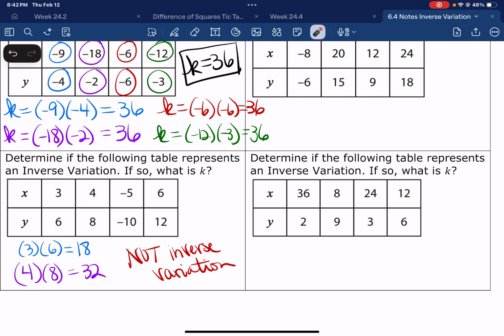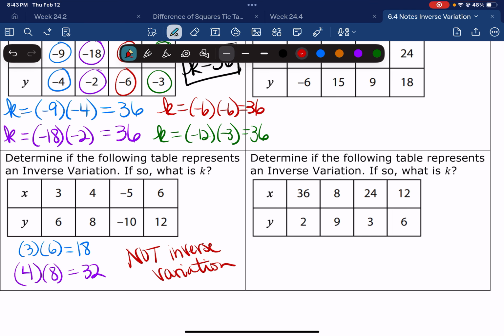It says determine if the following is inverse variation again. All right, so let's multiply together our first pair, 36 times 2. That x times y value gives us 72, okay? The next corresponding pair is just 8 times 9. Well, that's also 72, so that looks nice.